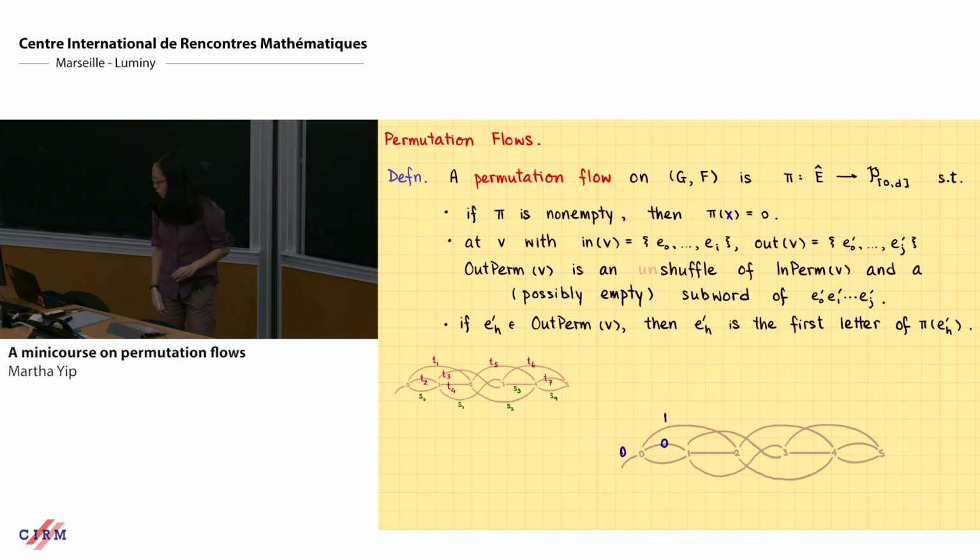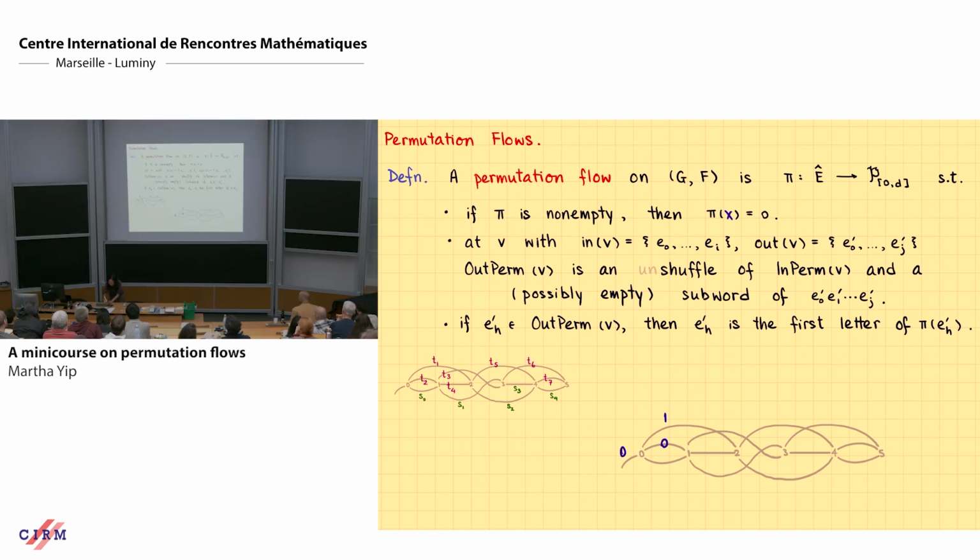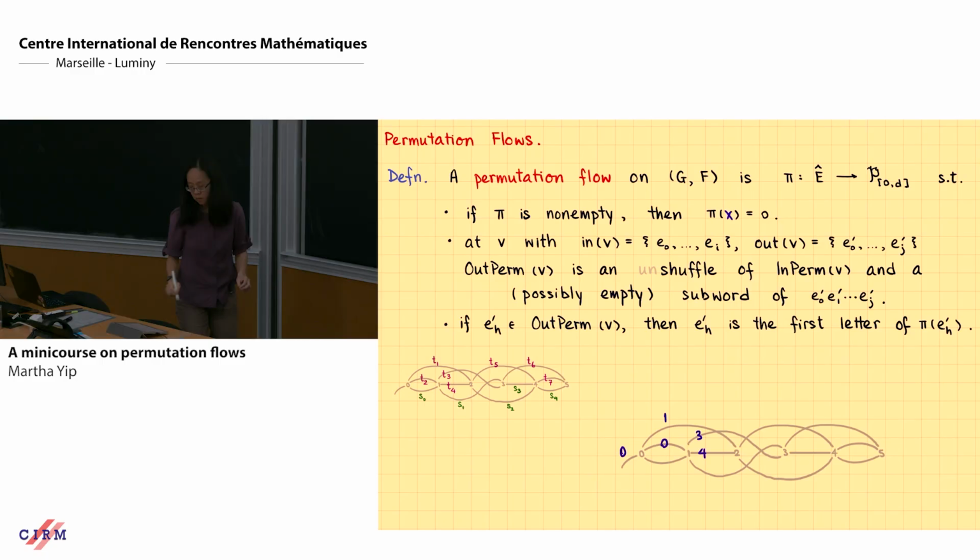At vertex 1, I'm going to choose to shuffle with 3 and 4, and 3 and 4 must be the first letter on their edge. So I'm really allowed to put 0 anywhere I like.